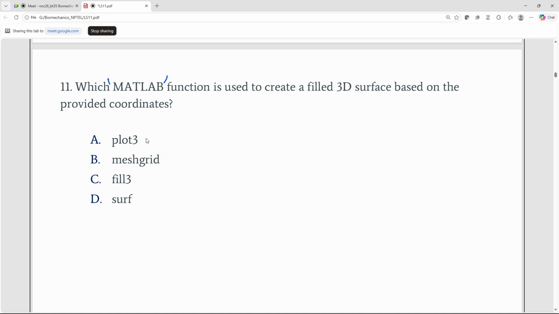So the question is based on that. Options are option A, plot3, option B, meshgrid, option C, fill3, option D, surf.